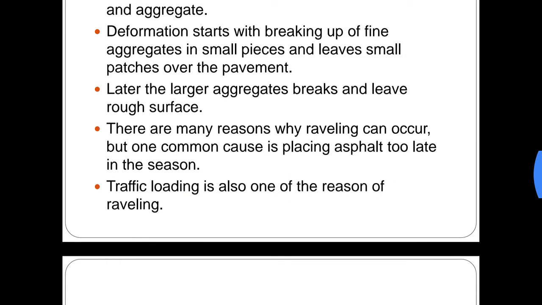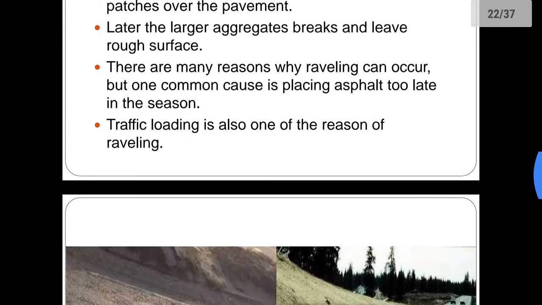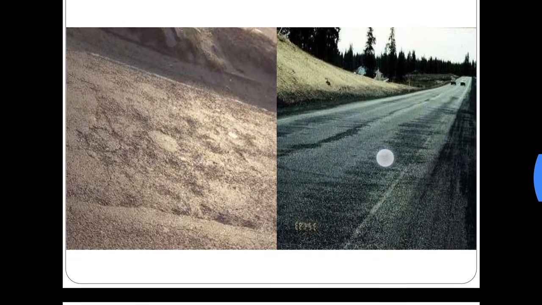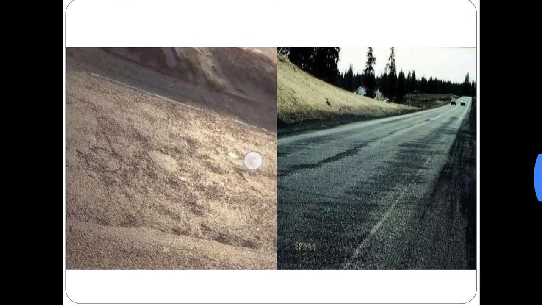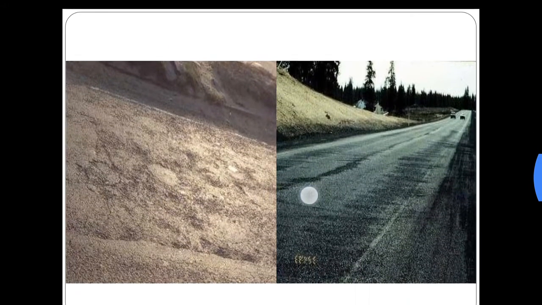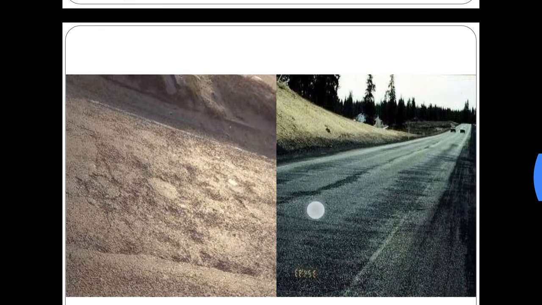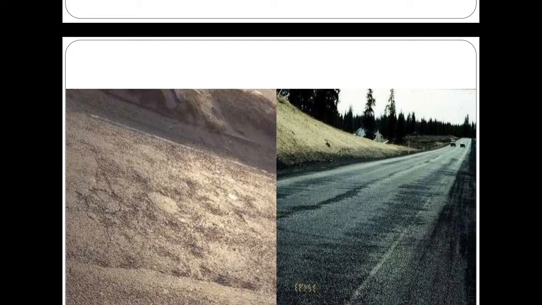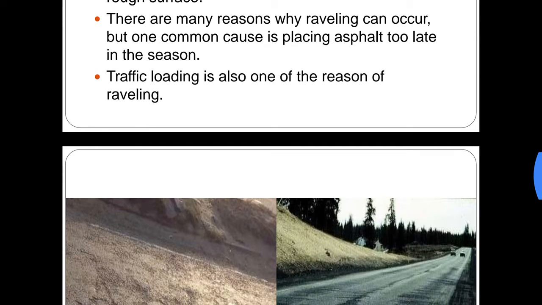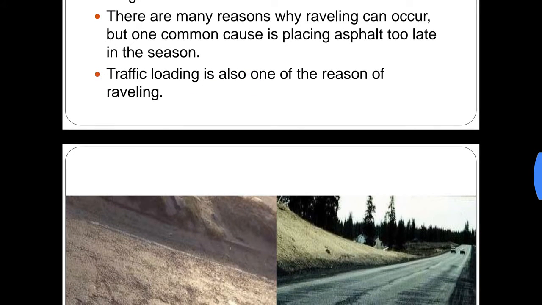Traffic loading is also one of the reasons for raveling. So if during the construction of the road we lay the bituminous layer too late, that could be one reason, and the other reason could be excessive traffic loading.